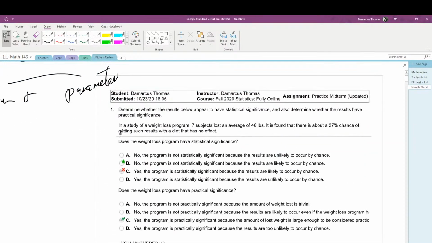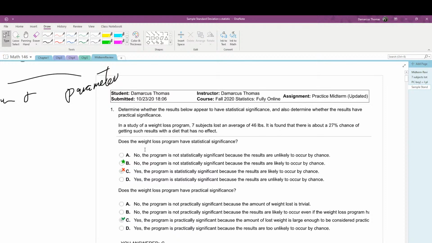Now the first one, what do they have? It's practically significant, but it's not statistically significant because the results are likely to occur by chance. And they have a different number than what we had last time. They have 27% chance of getting the results.